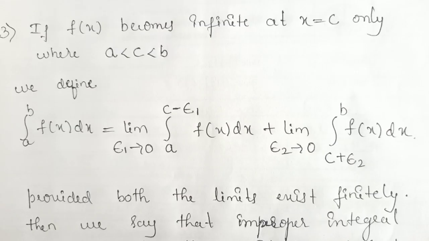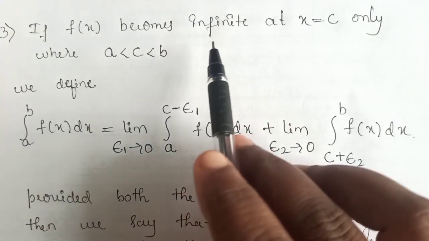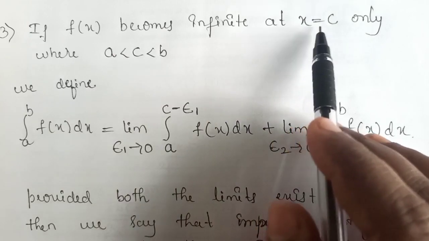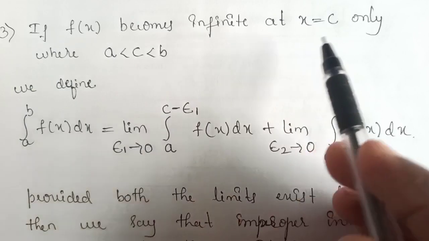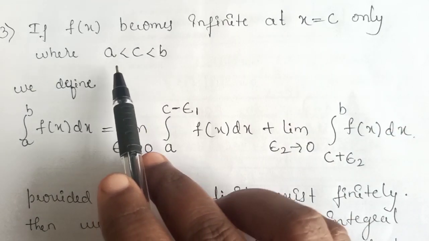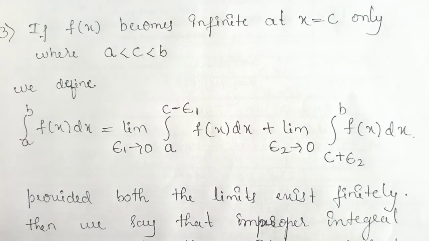Next we have the third case, where f of x, that is the integrand, becomes infinite at some value x equals c. Here c is a point which belongs to a to b, that means it lies between a and b.